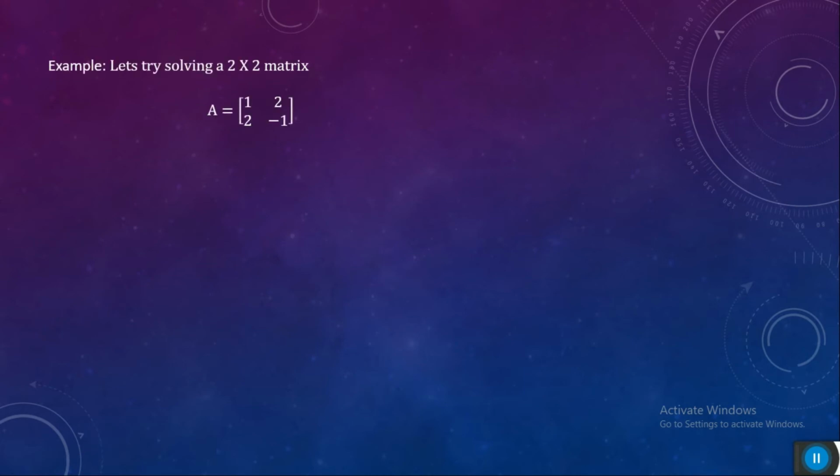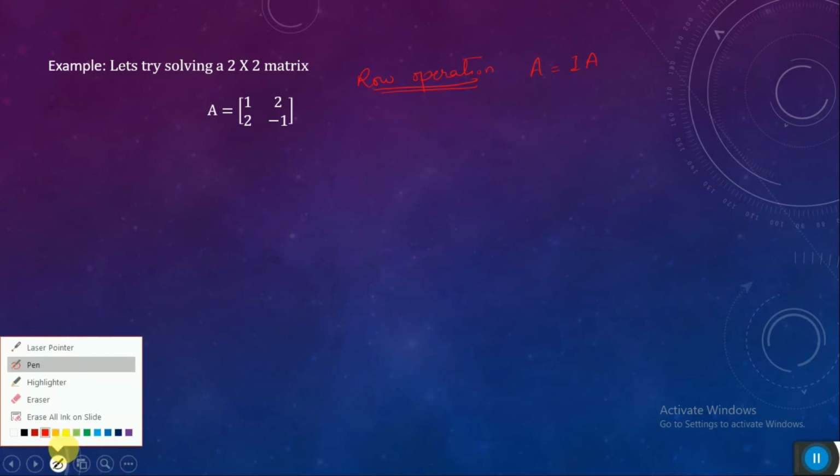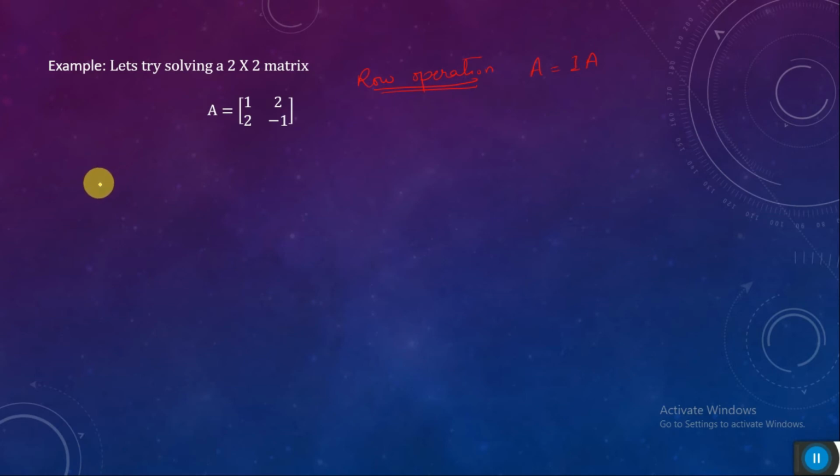So we are given this. I'm going to use row operation here. That means A equals to I A will be used. Clear? So here I will write like this. Let A equal I A. So A I will write 1 2 2 minus 1.